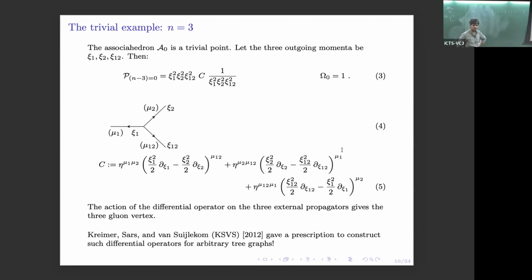You will just have to trust me that this can be done for all tree-level graphs for arbitrary n, and you will always be calculating just this one.